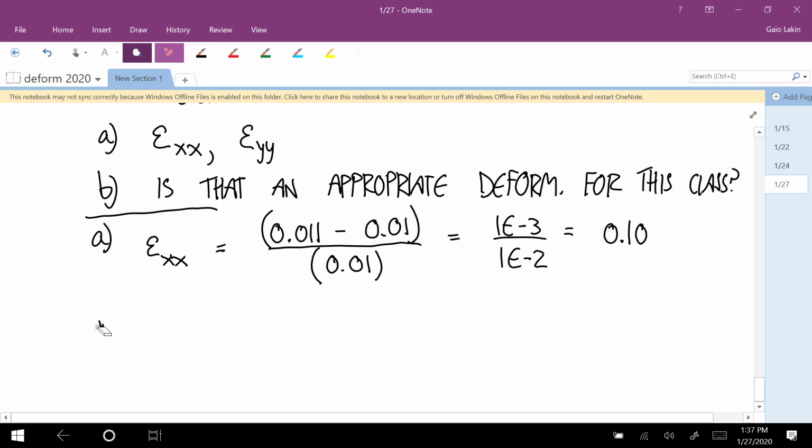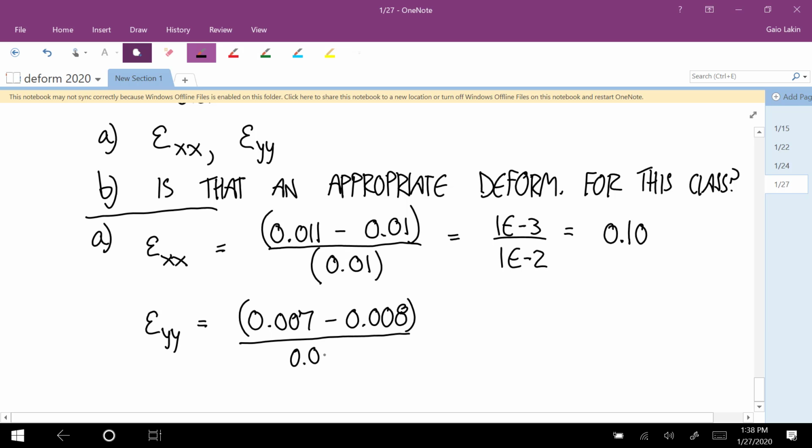This is still A. Okay, so EYY is equal to 0.007 minus 0.008 divided by 0.008, and you get negative 1 times 10 to the minus third divided by 0.008. So you get a value of negative 0.125.